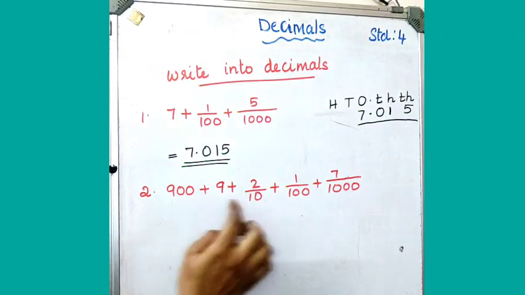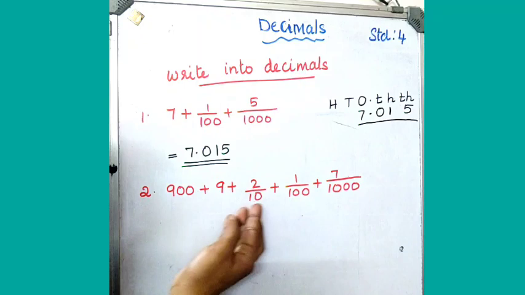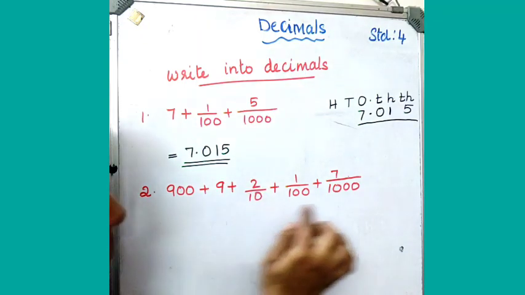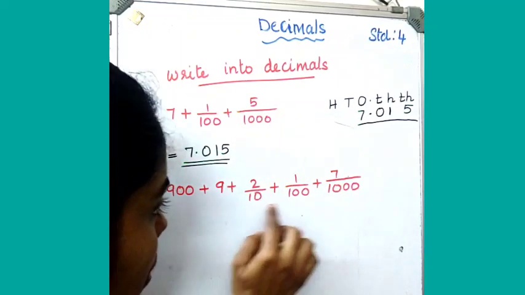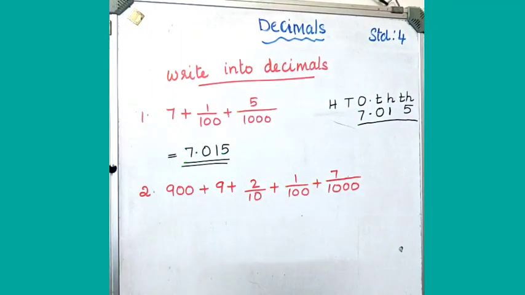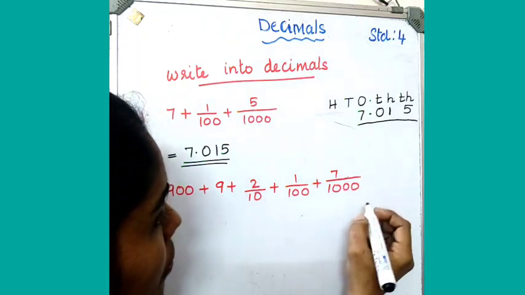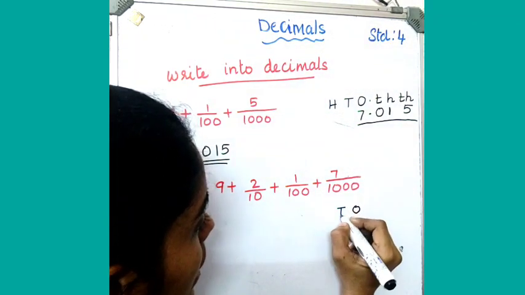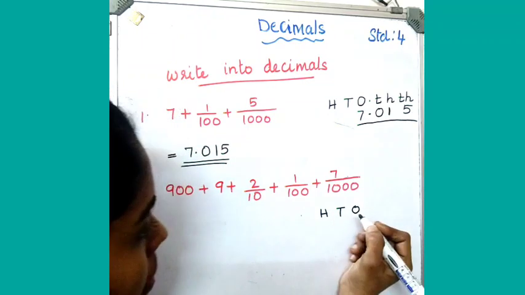Look here. Whenever you see the fractional part, remember, that is the decimal part of the number. And this is the whole number part. First of all, we can write the place values: ones, tens, hundreds.